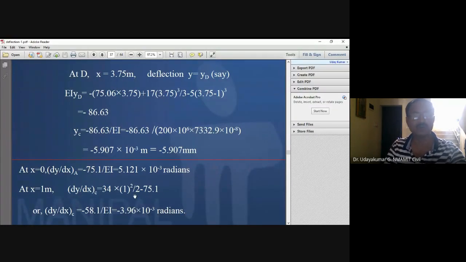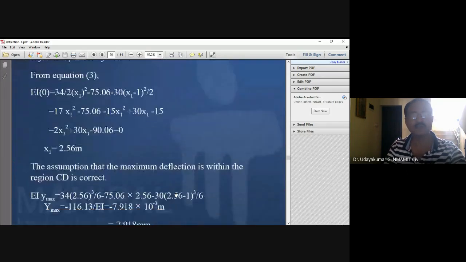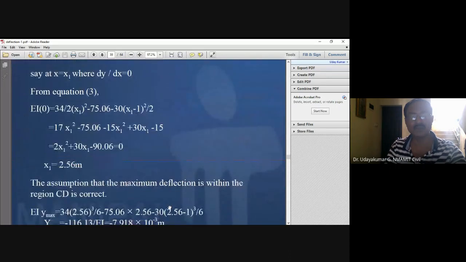Or else you have to assume that properly, like this here, between C and D, the point of maximum deflection, dy by dx is 0. So at x equal to x1, dy by dx is 0, and this is what is done here. x1 is 2.56 meter.